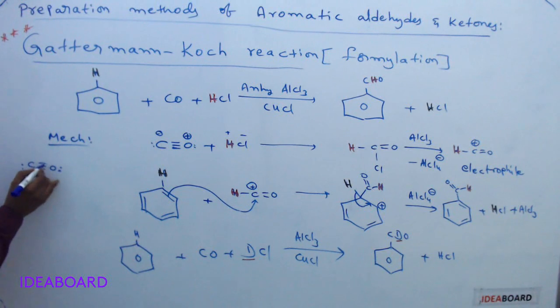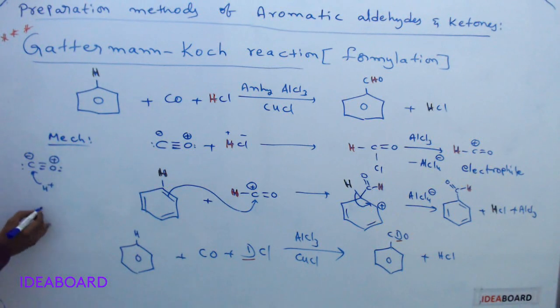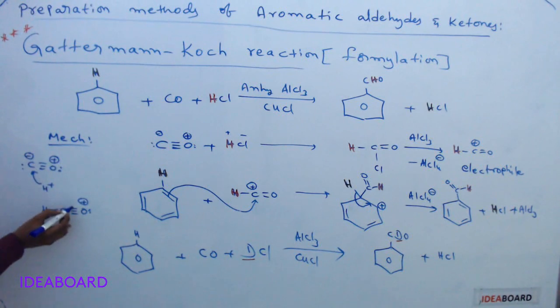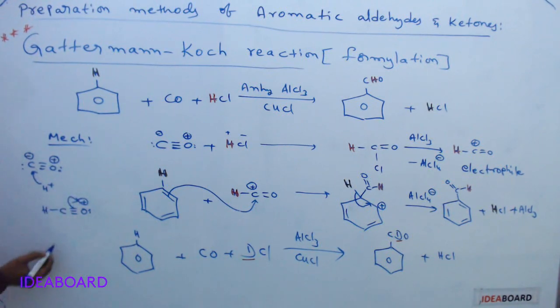Then the second lone pair is present on this, so it is plus, and this is minus. So first H plus attacks on this. Cl minus does not attack directly. So what forms is H, C triple bond O, but this has a positive charge. To fill this positive charge, Cl minus doesn't attack directly, and only this will attack.